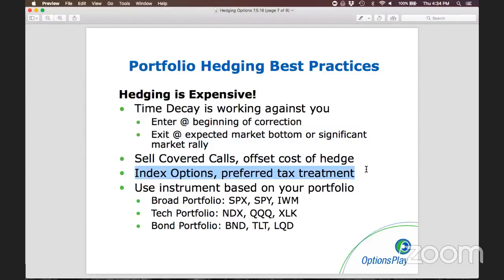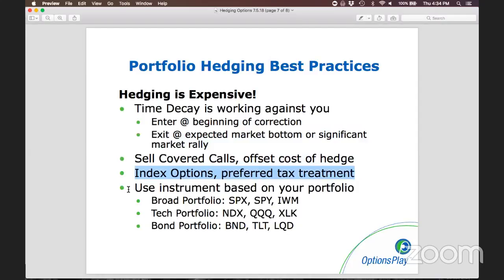If you're trading index options like SPX or NDX, or XND with the new lower value Nasdaq 100 index options, you only pay 60% long-term capital gains and 40% short-term capital gains. So it gives you a slightly better tax rate for the profits that you receive on your hedge. That's another way you can consider reducing the cost of your hedge.